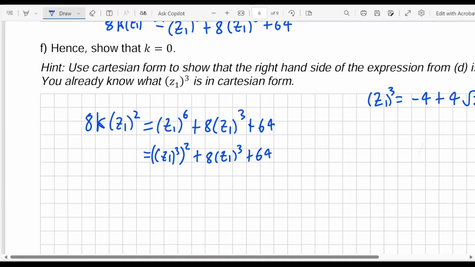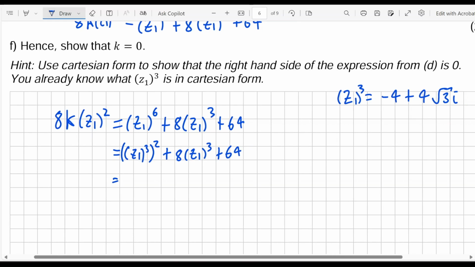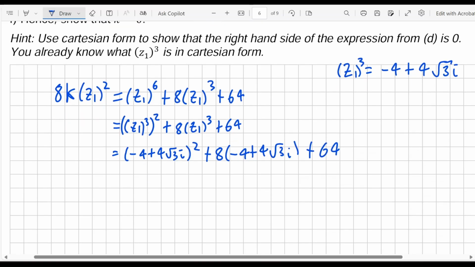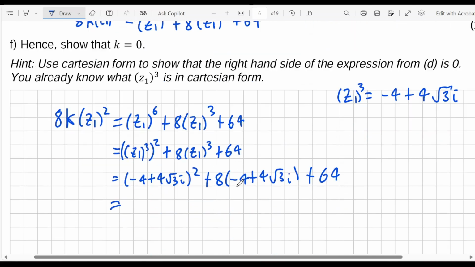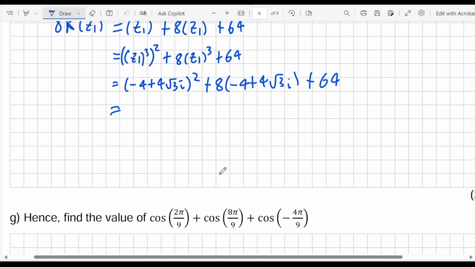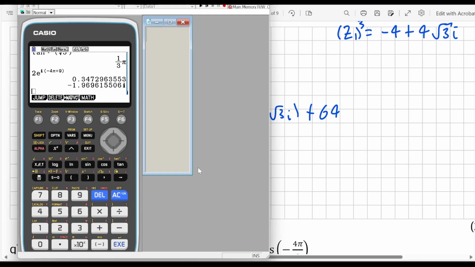And now we can just plug in what z1 cubed is. So it's minus 4 plus 4 root 3i. We'll square that. This is minus 4 plus 4 root 3i. And this is 64. You can be a little bit cheeky and get this first bit in a calculator. But since it's a show that question, we'll do it to double check that we're right.